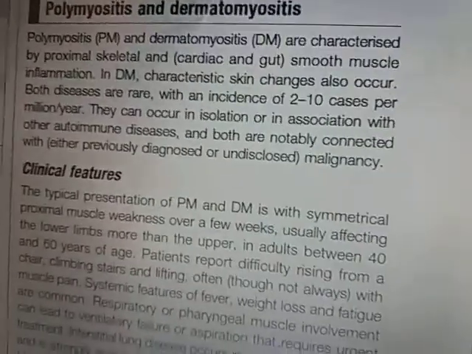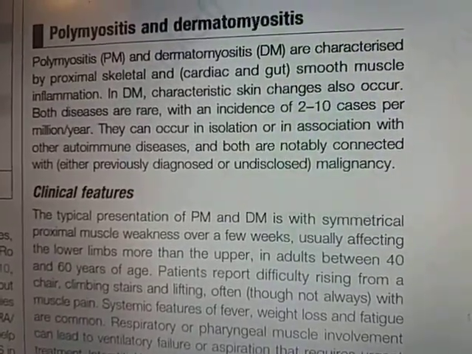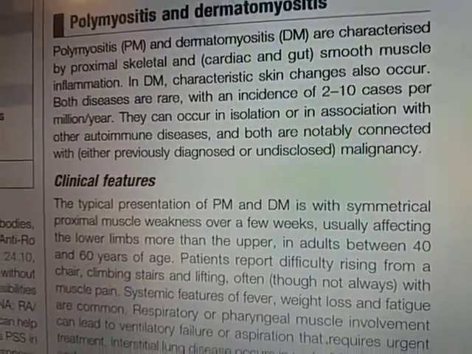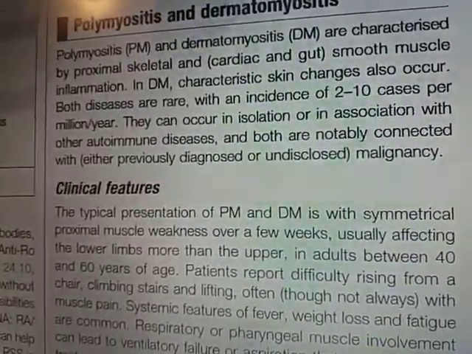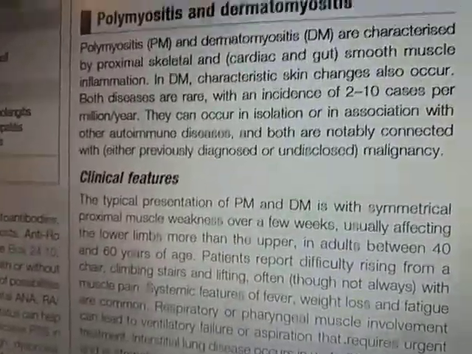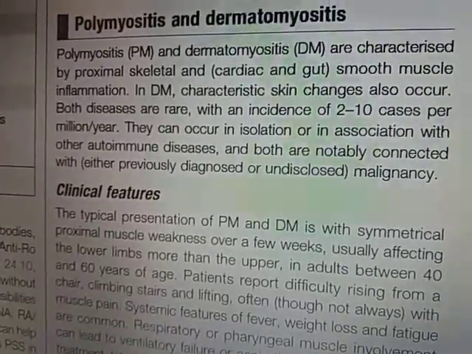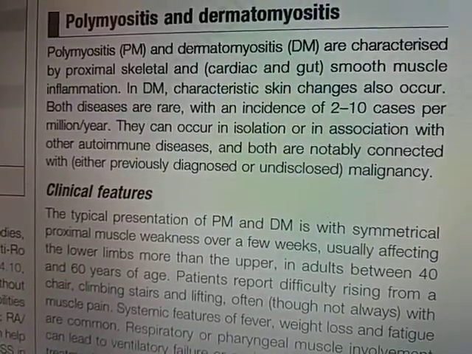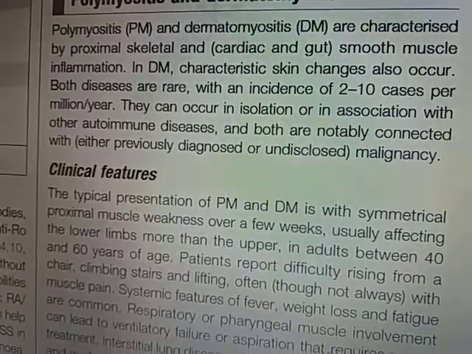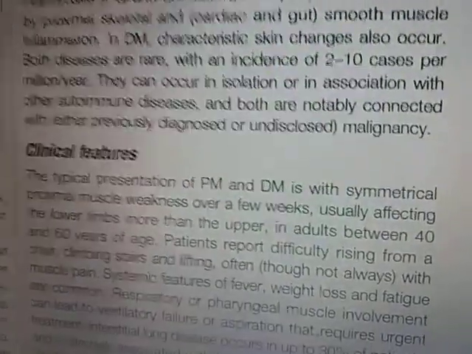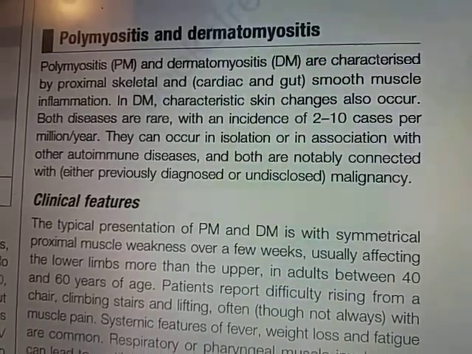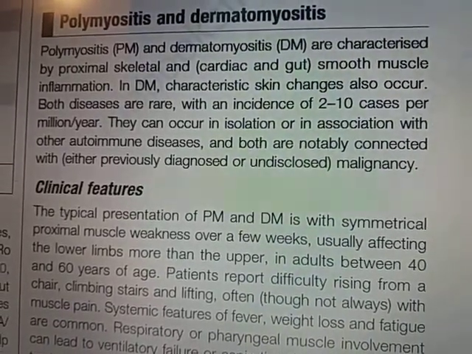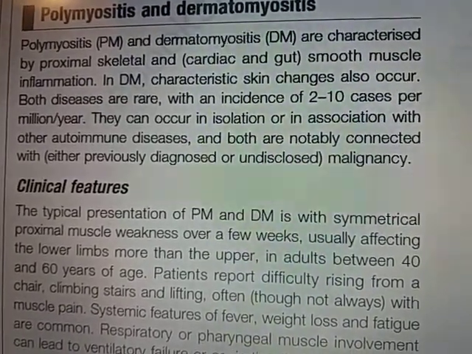Polymyositis can occur in isolation or in association with other connective tissue diseases such as SLE, systemic sclerosis, Sjogren's syndrome, or it might be a feature of a hidden malignancy.